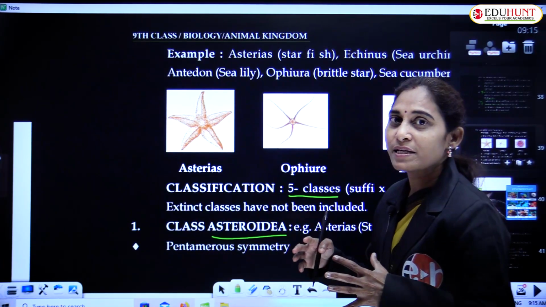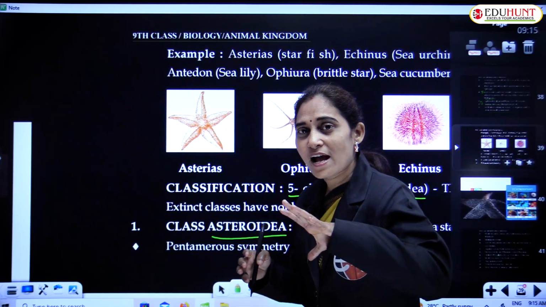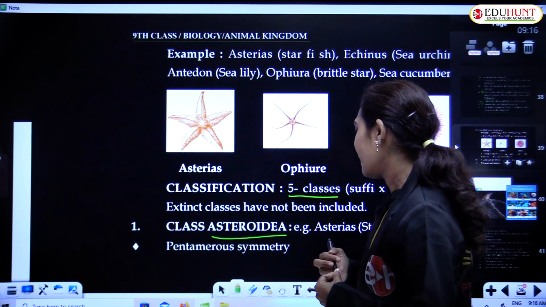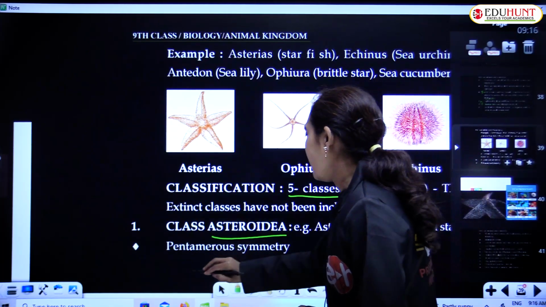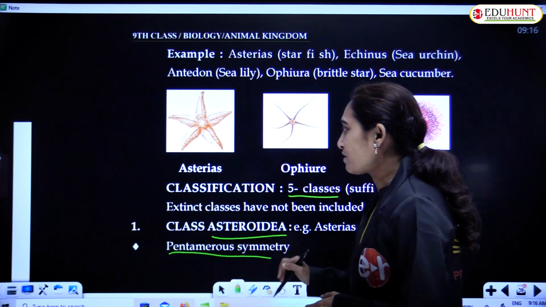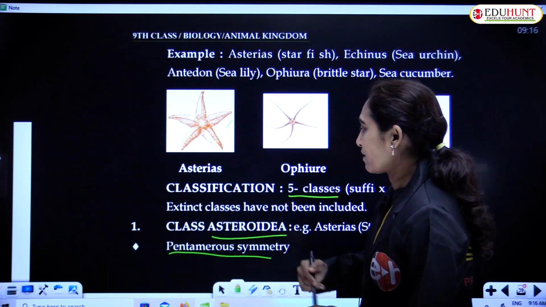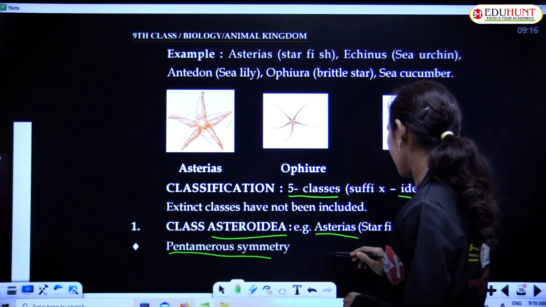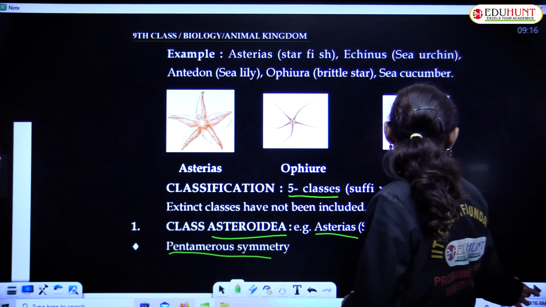Let's see the first class, that is Asteroidea. Aster means star. These are star-like echinoderms, with pentamerous symmetry. The best example of the echinoderm is Asterias, starfish or sea star.